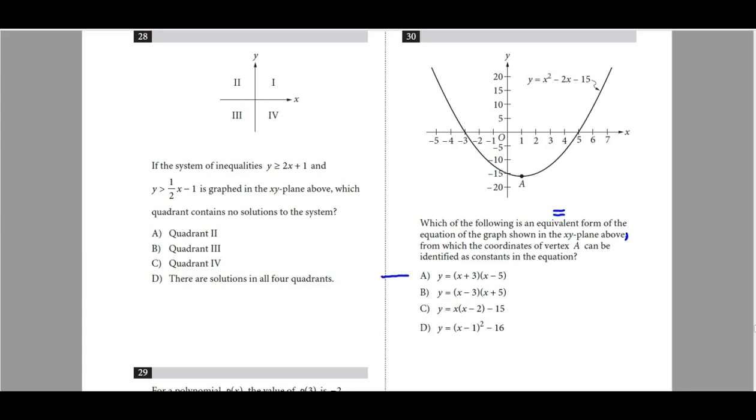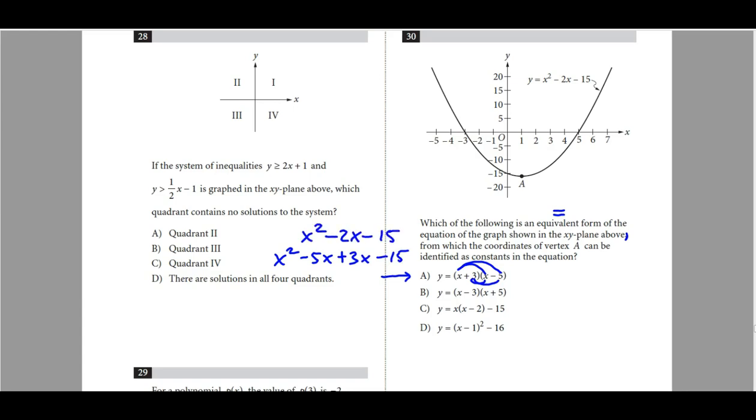For instance, A, when you multiply A out, you do the first times first, the outsides, you do this in advanced algebra a lot, and the insides, and then the last, that will come out to be x squared minus 2x minus 15.